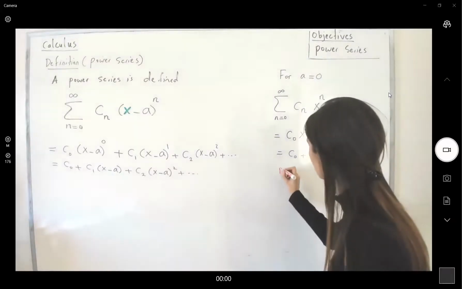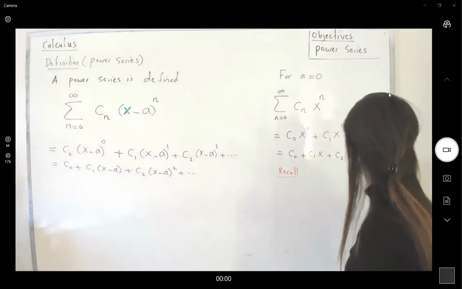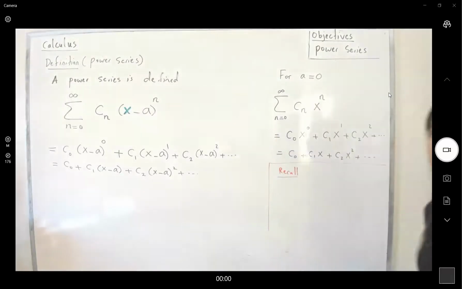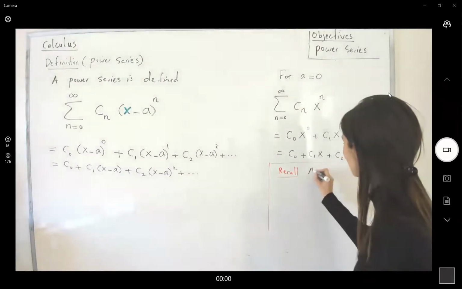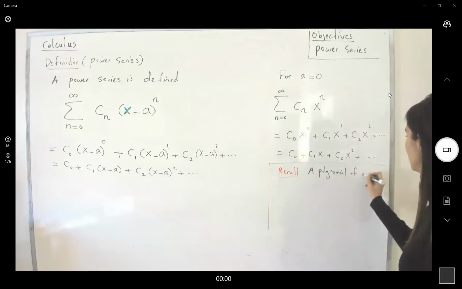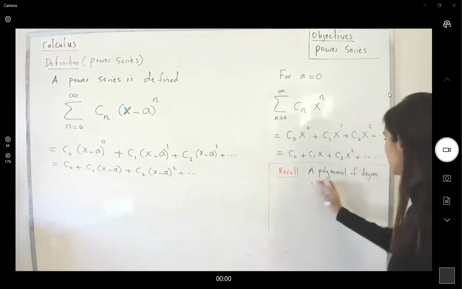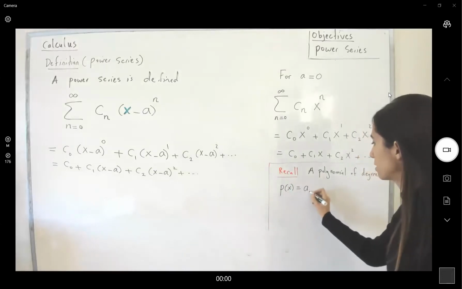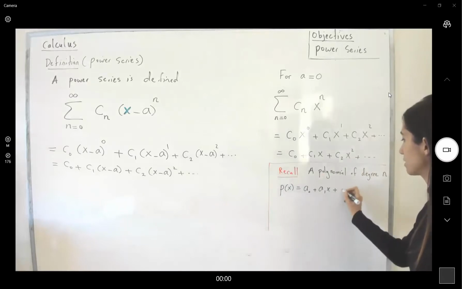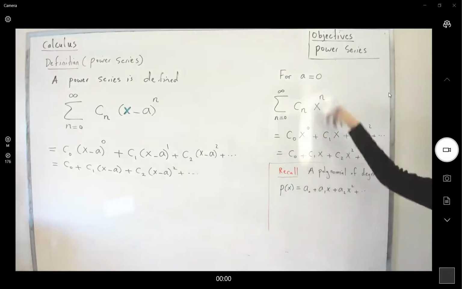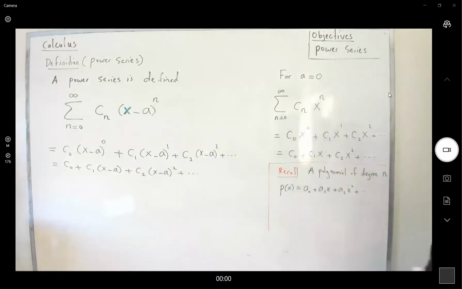Recall that a polynomial of degree n is defined as p of x equals a sub 0 plus a sub 1 x plus a sub 2 x squared plus the rest of the terms. So as you can see, a power series when a is equal to 0 is very similar to a polynomial. Very well.